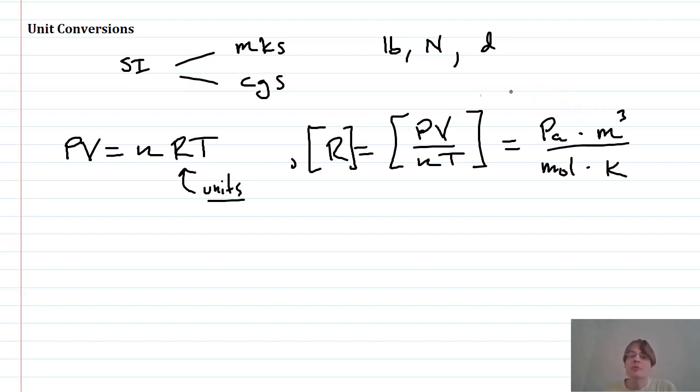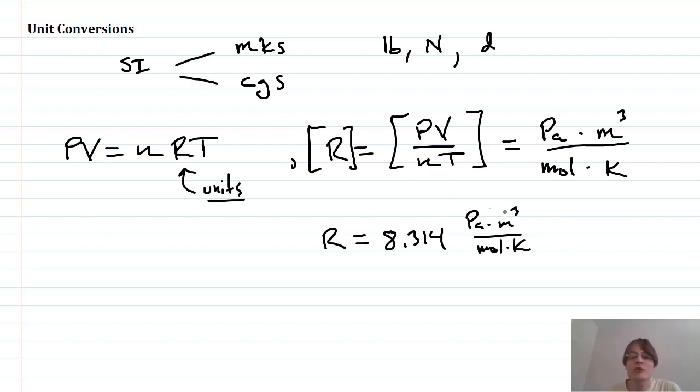Now, sometimes instead of working with pascals and cubic meters, some people want to work with atmospheres of pressure, and not cubic meters, but liters of volume. So in the standard units, the value of R is 8.314, and then it must be pascals times cubic meters over moles times kelvins.